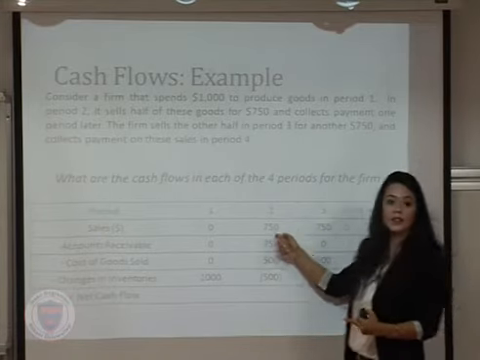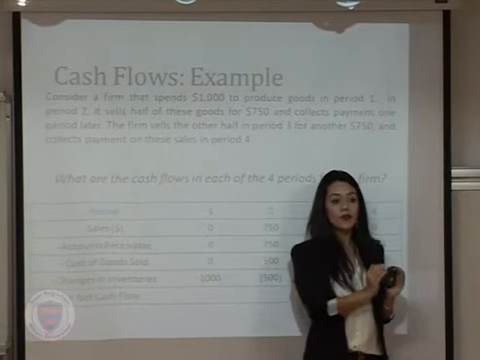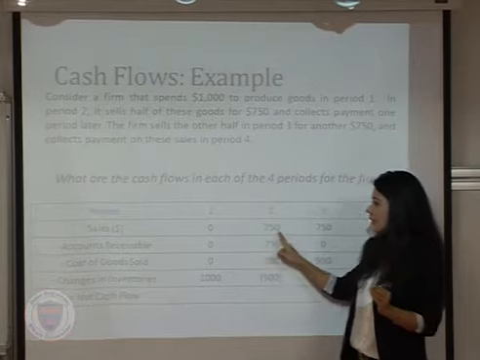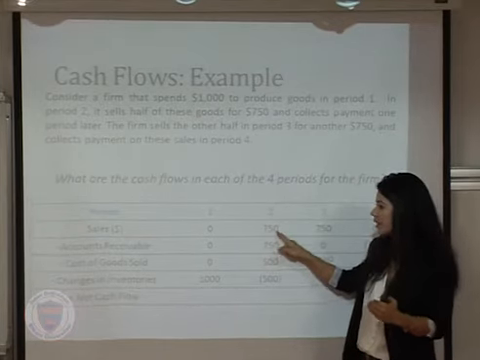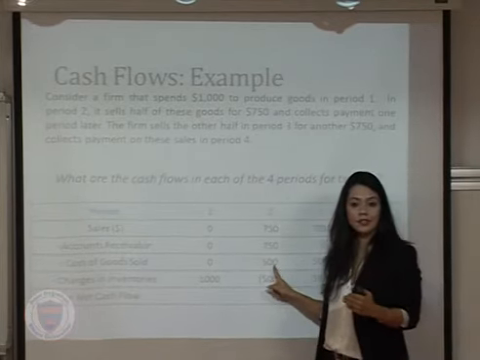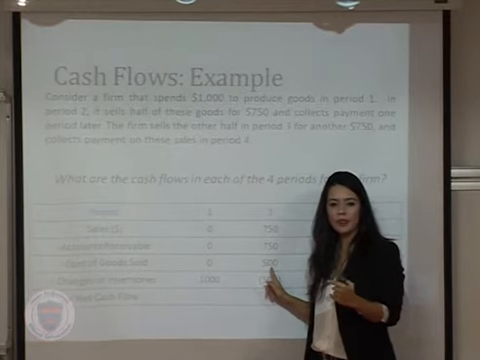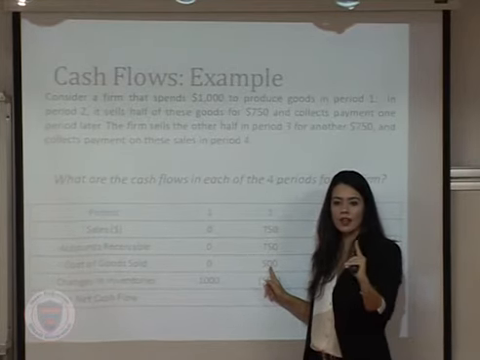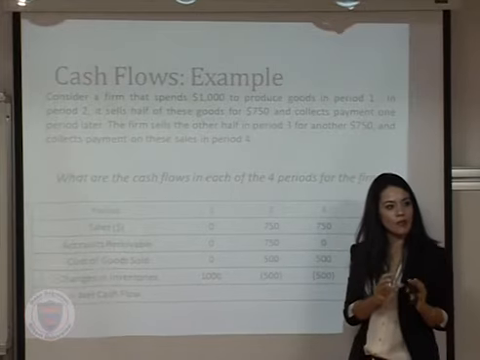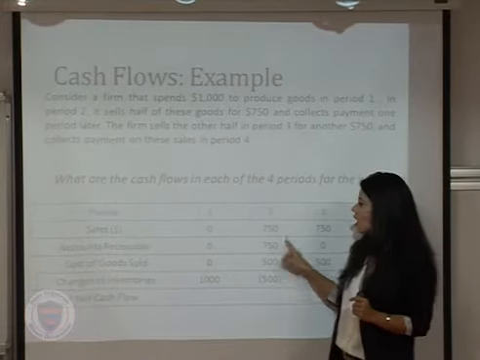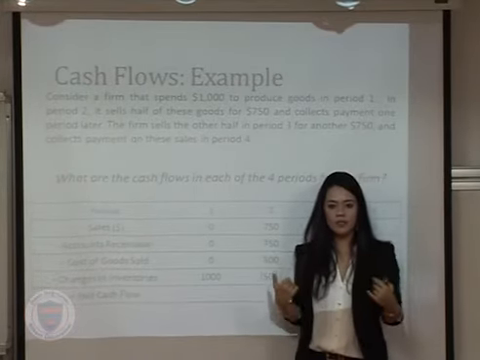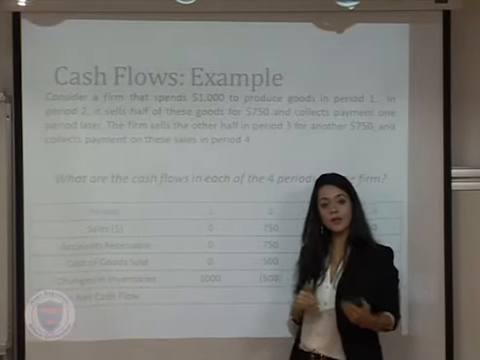Then in the second period, you sell half of what you have in the inventory. So you made the sale for $750. Cost of goods sold is $500. Why? It's half of 1,000. You sold half of what you had in the inventory. But did you get money for the sale? No, you're going to get the money 1 period later.